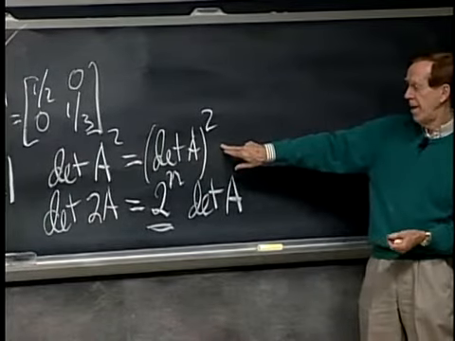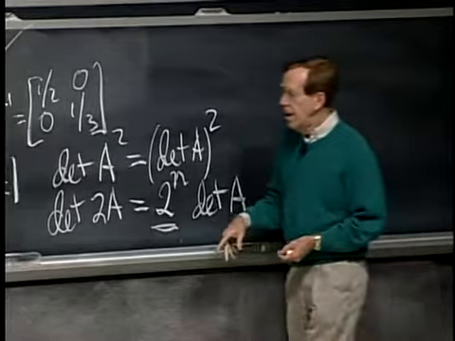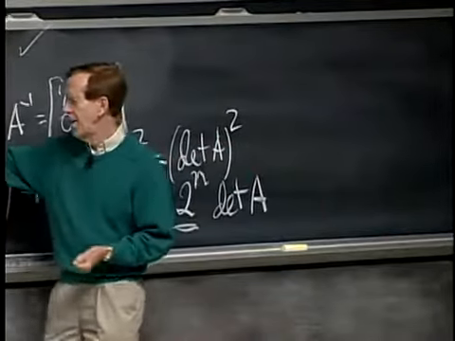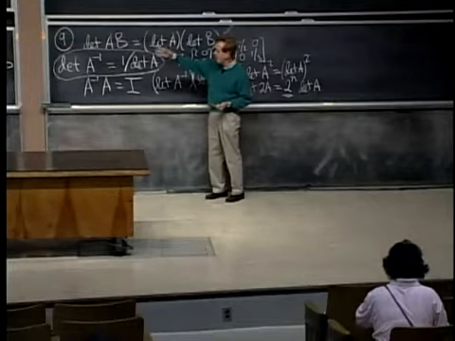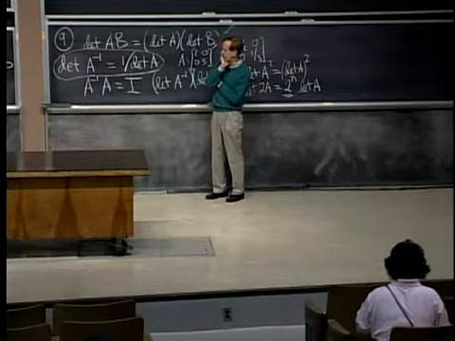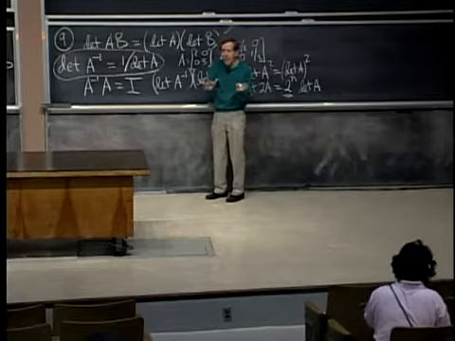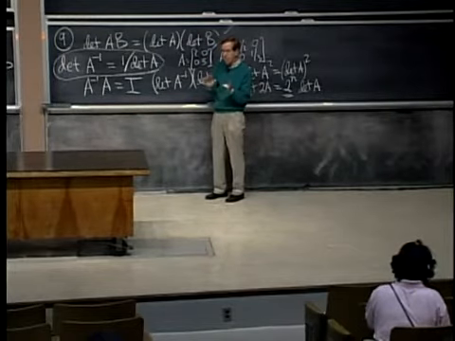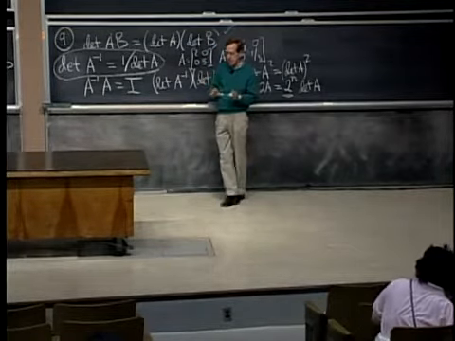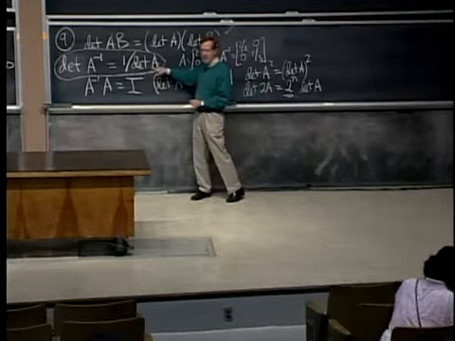This is rule 9. And notice the way this rule sort of checks out with the singular, non-singular stuff. If A is invertible, what does that mean about its determinant? It's not 0, and therefore this makes sense.